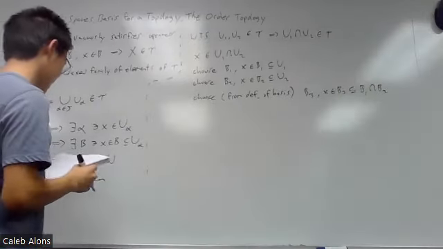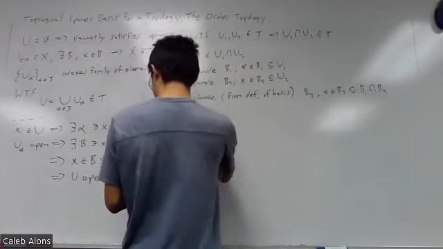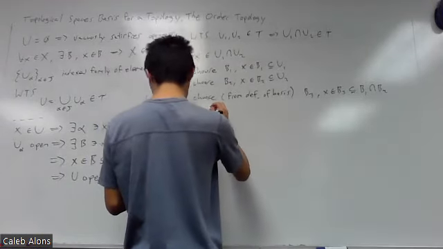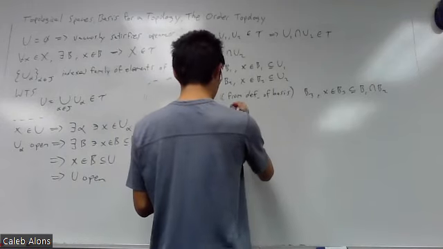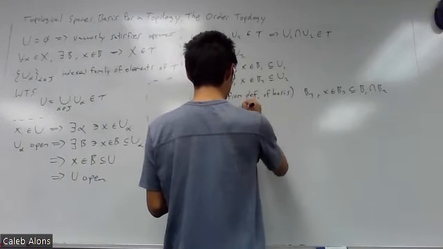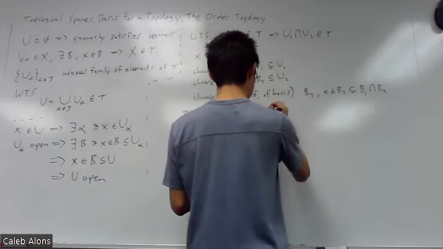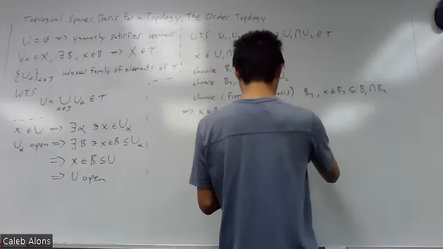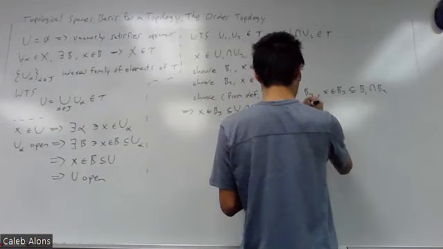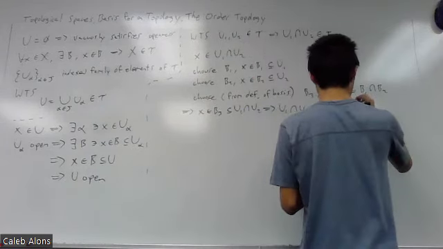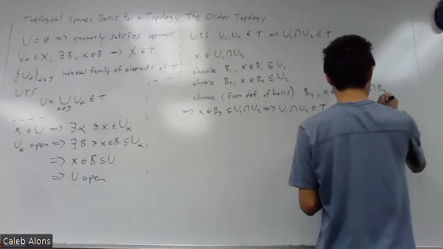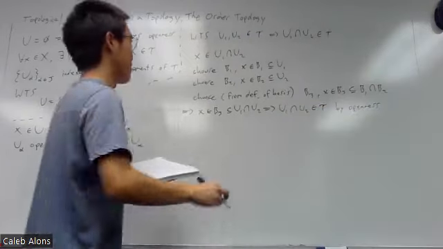Perfect. And then we have X in this third basis element, which we know to be in the intersection of U1 and U2, which gives that U1 intersecting U2 is in our topology by being open. So that's the first case.